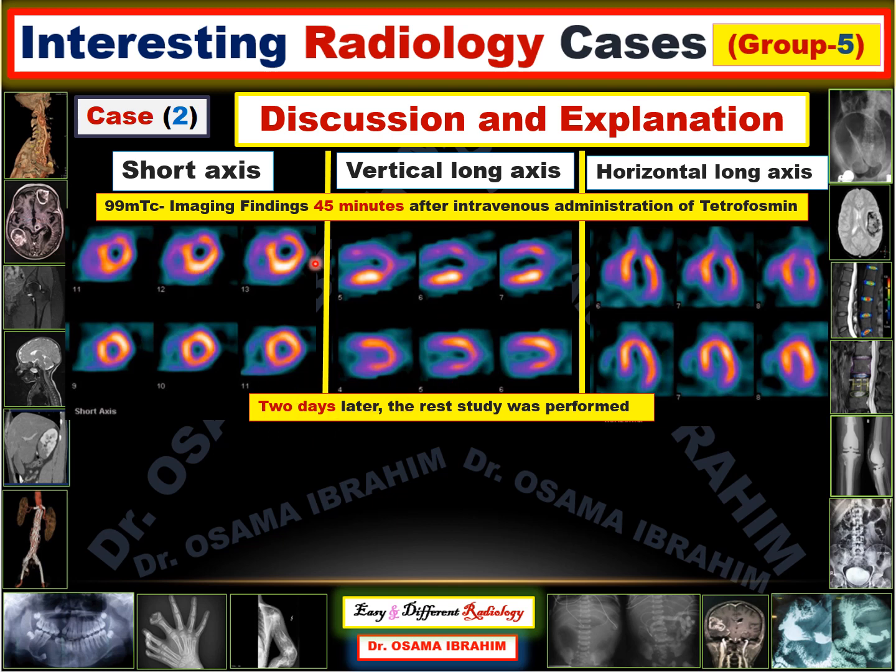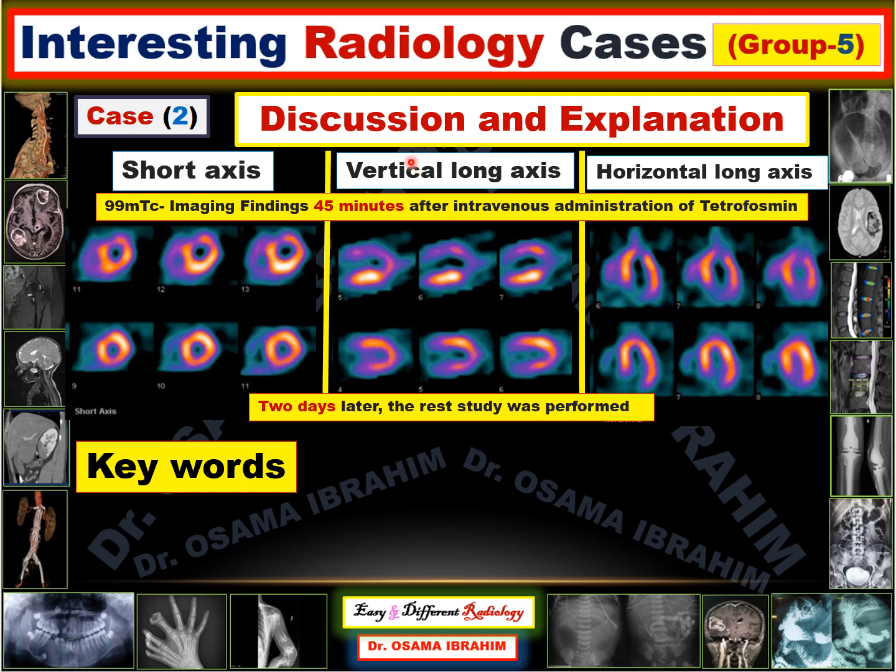So what is the difference between the two images, taken in the stress and taken in the rest? If you look closely at this wall, you can see this defect. This defect in the anterior wall and anteroseptal wall represents a defect in the stress image.